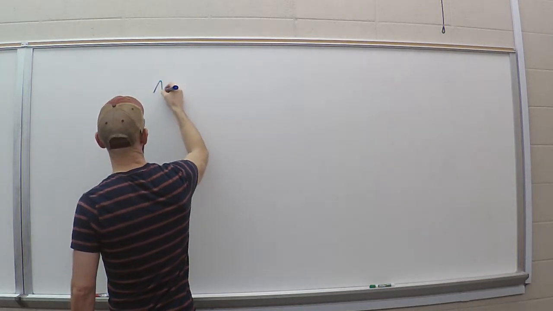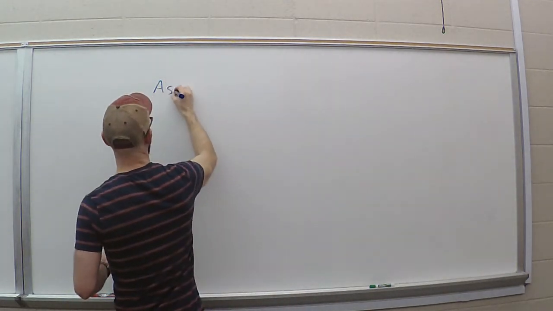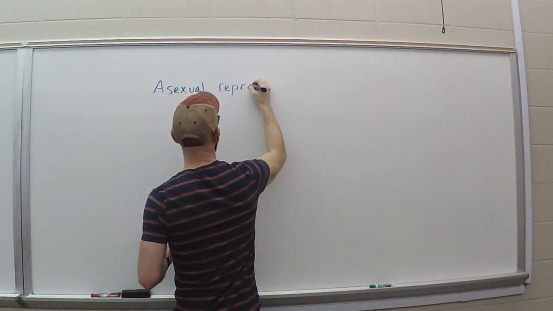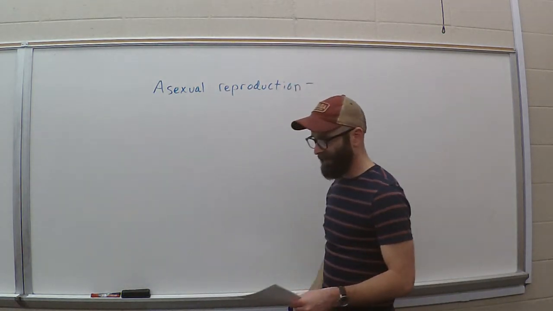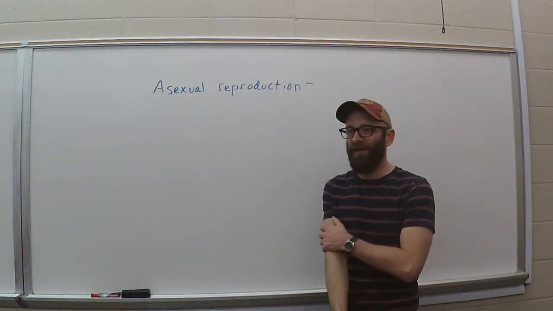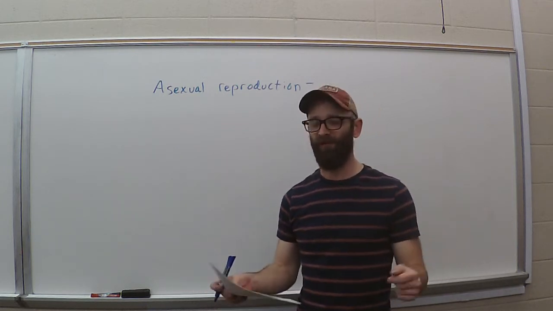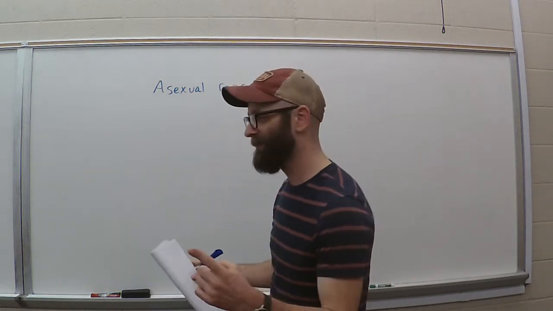There's the simplest one, asexual reproduction. In asexual reproduction, the offspring receives one full set of chromosomes from a single parent, right?